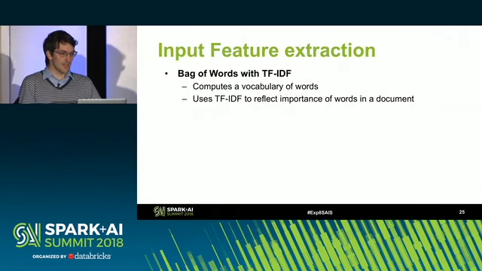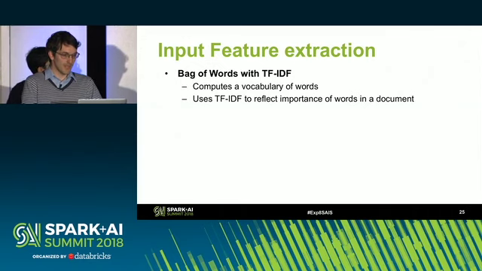In terms of building the feature vectors, there are different approaches that we can reuse from data mining and text search and mining. One traditional approach is to use TF-IDF, which computes for every single word from the vocabulary a counter that reflects the importance of the word in a document.